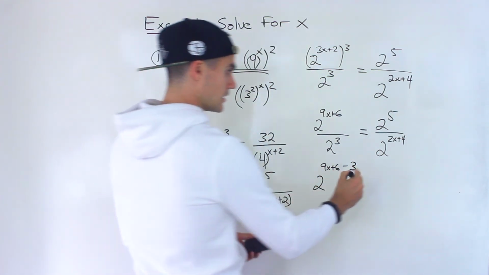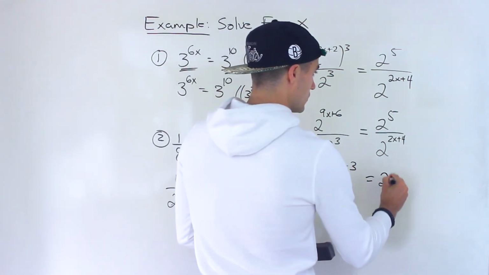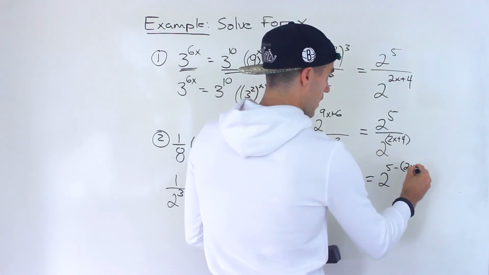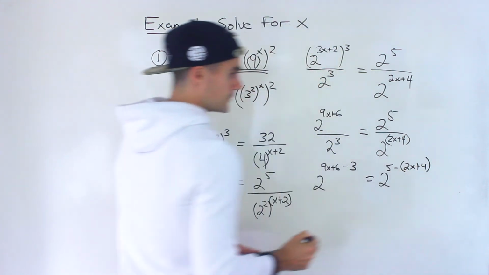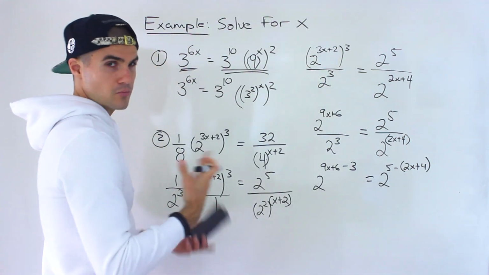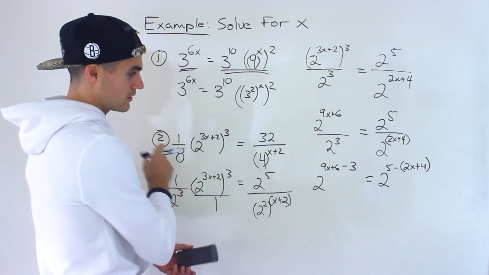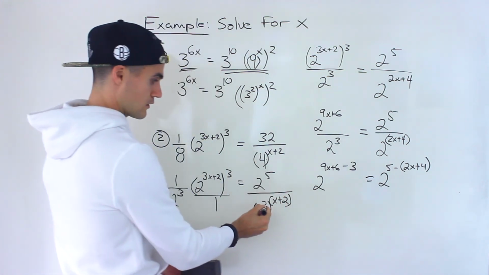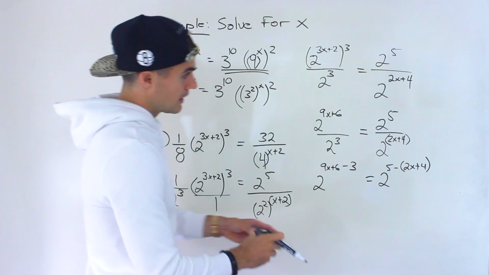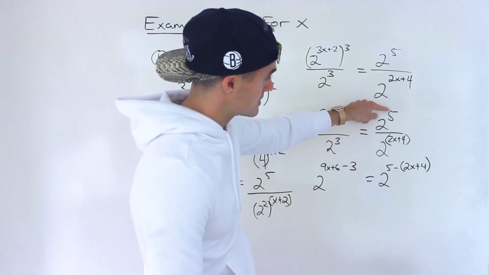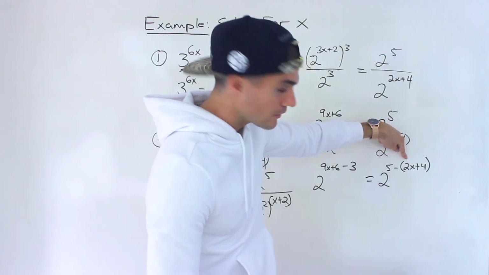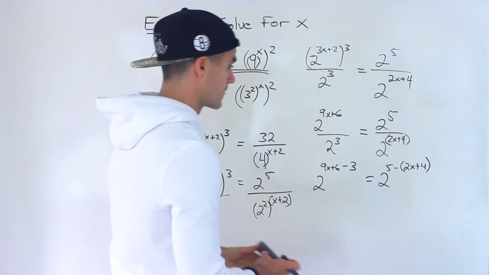Combine them into 1, same thing here. 2 to the power of 5, we're subtracting that whole exponent, so that's in brackets. Right, so the brackets in this particular equation are pretty key here. You got to be careful with these brackets when you're multiplying, and then also in this step, it's this exponent minus that whole exponent, so that whole thing goes in brackets right there.